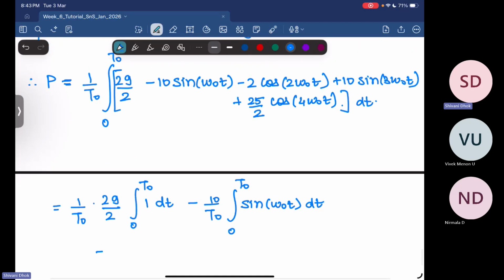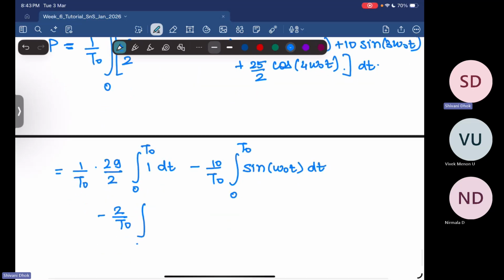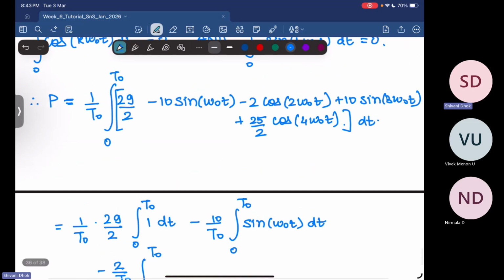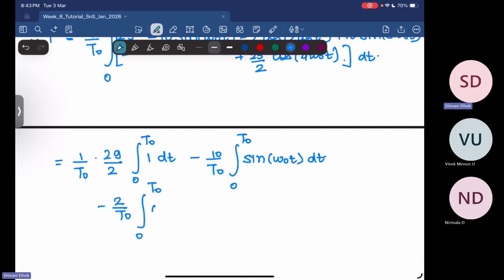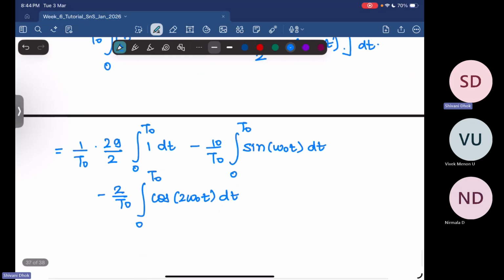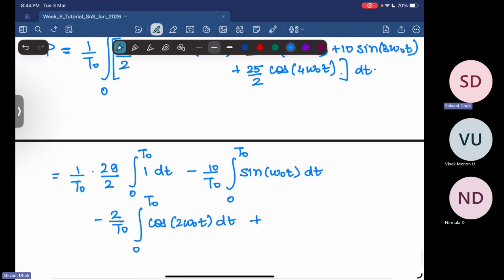minus 2 by t naught integral 0 to t naught cos of 2 omega naught t dt. Then I have 10 by t naught integral from 0 to t naught sine of 3 omega naught t dt.